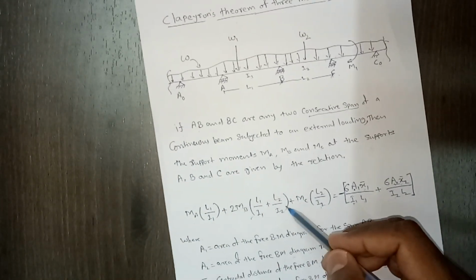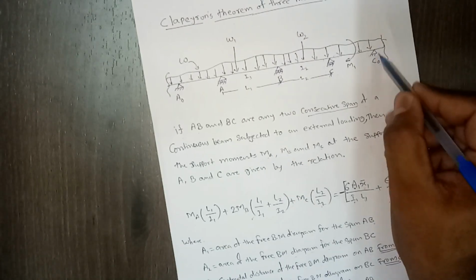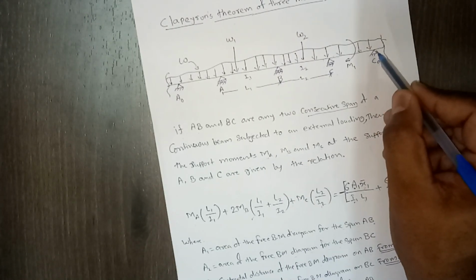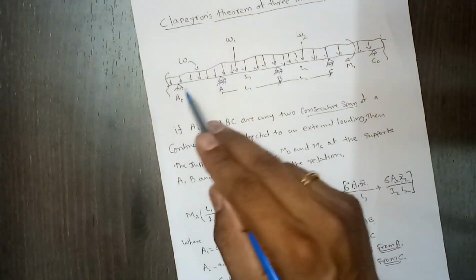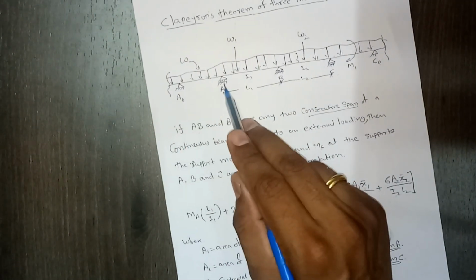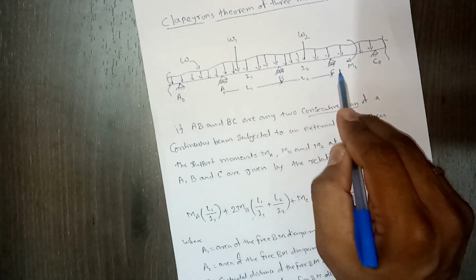In addition to that, if the end supports are simple supports, we get one more condition: the bending moment here is 0, and even here the bending moment will be 0. So as such you will have only three unknowns, right?